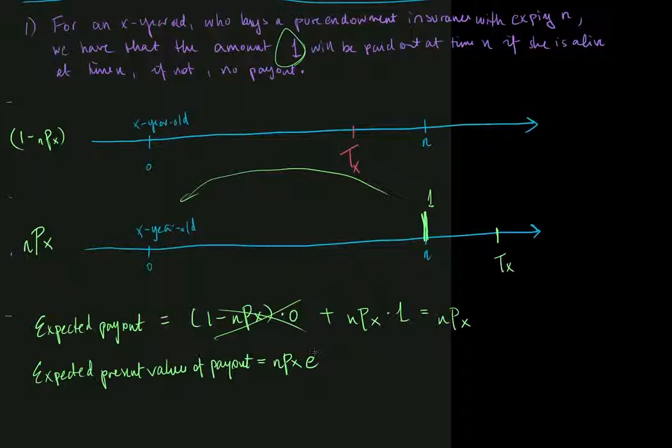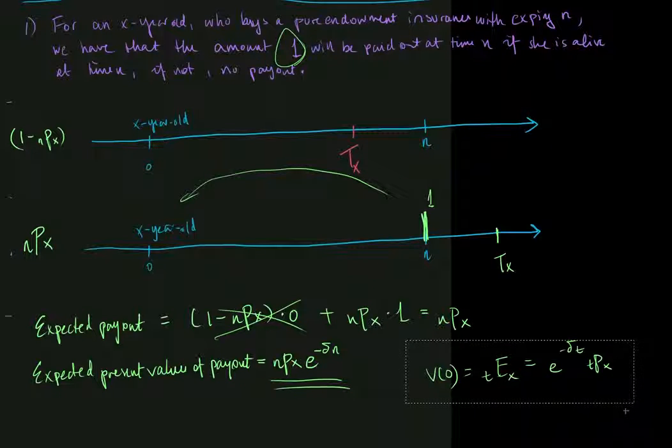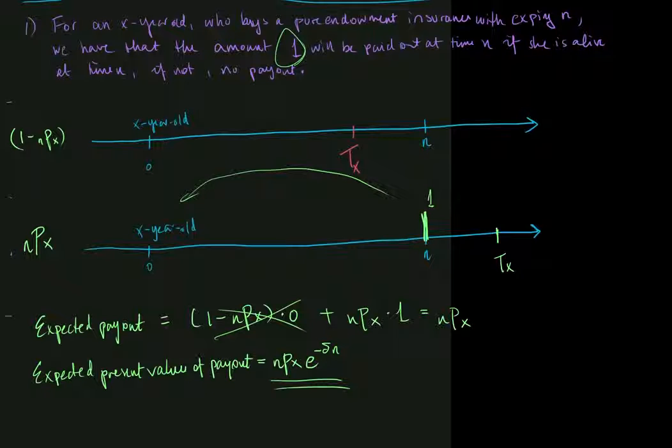So we have e to the minus delta N as the discount factor. If you look in the book, I think they write TEX is equal to e to the minus delta t TPX, and this is equal to v of 0 or something like that. The only difference here is I have chosen N to be the expiry instead of t.